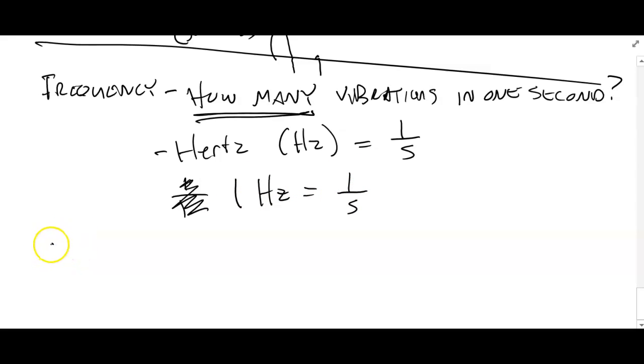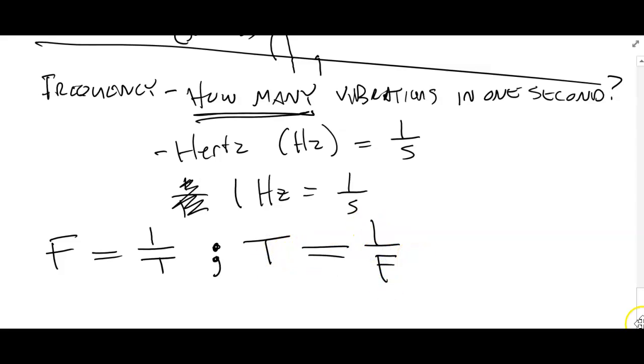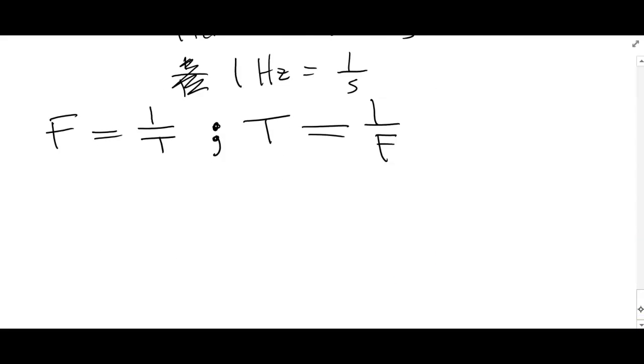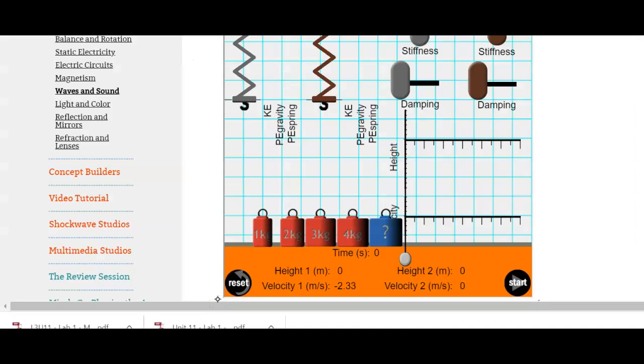And something that's important is that frequency is the inverse of period, and period is the inverse of frequency. So I can show you an example of what this all means if we go to our simulation over here.